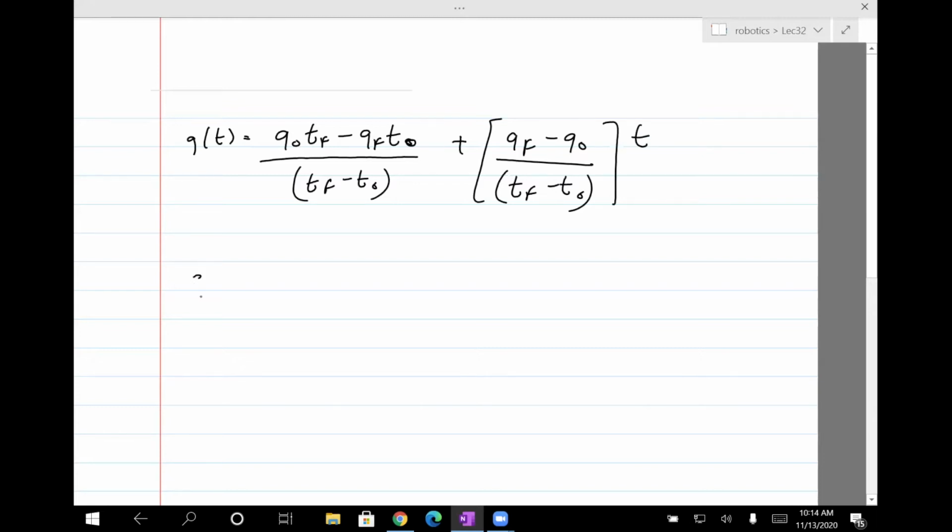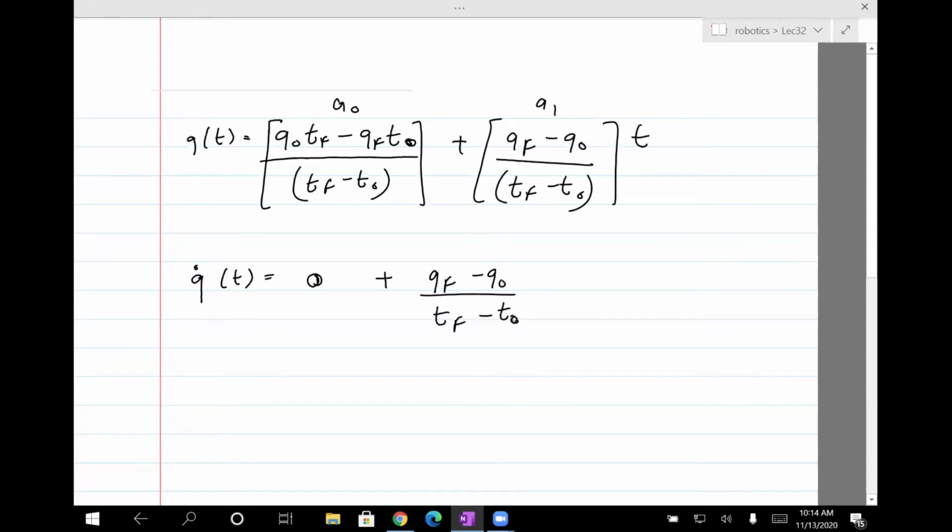Now the next question is, what is q dot of t, which is the rate of change of position, right? Q dot of t, so the first term, which is a0, is simply a constant. So the derivative of a constant term is 0, plus the second term, when we differentiate with respect to time, we get qf minus q0 divided by tf minus t0.